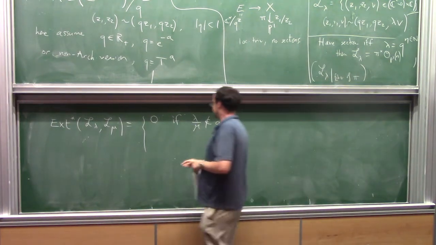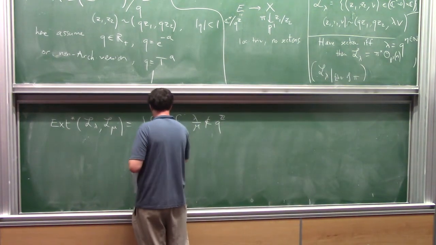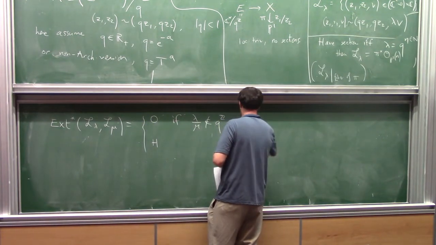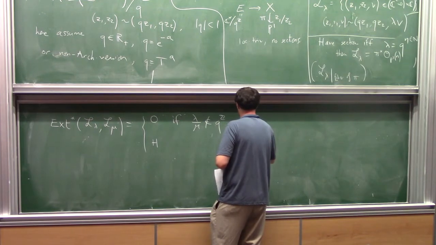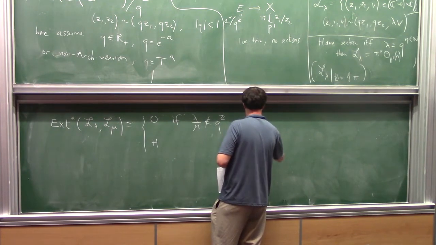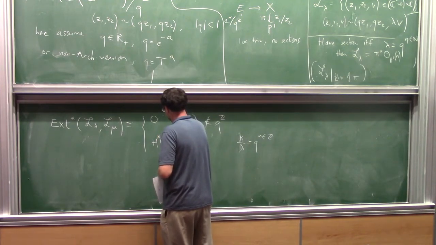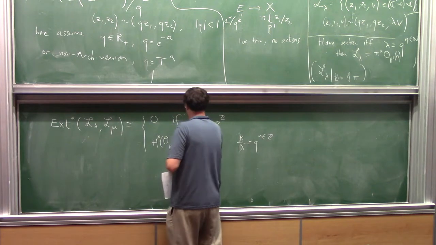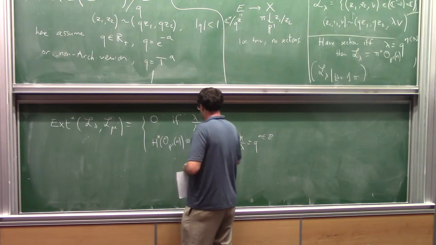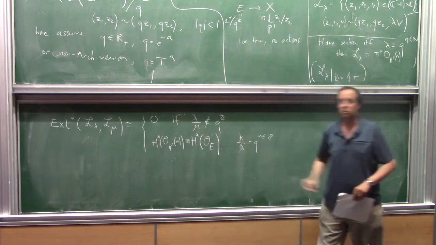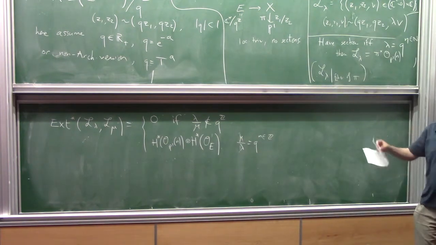On the other hand, if mu over lambda is q to the n, an integer, then this is the cohomology of O_P1(n) times the cohomology of the structure sheaf of an elliptic curve. Normally there would be a spectral sequence starting at this, but it degenerates immediately.